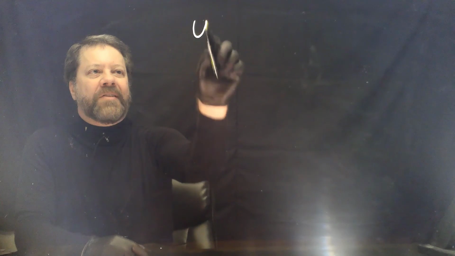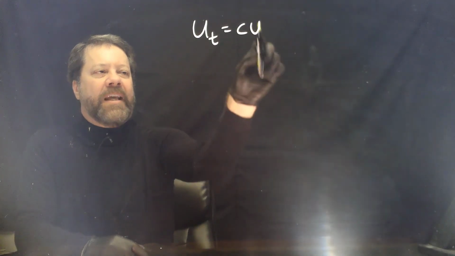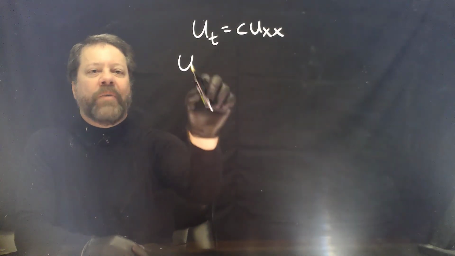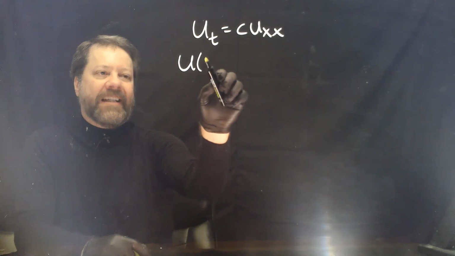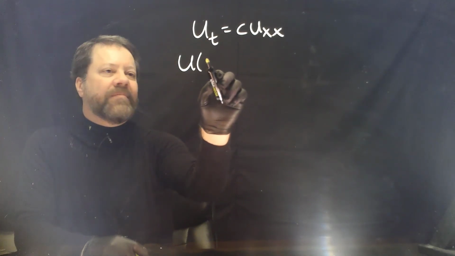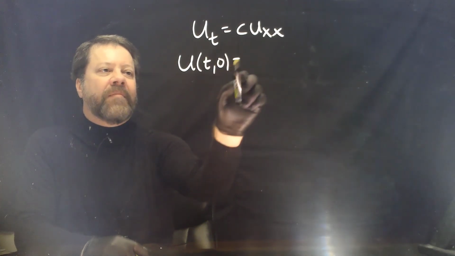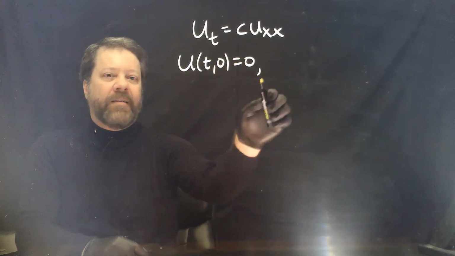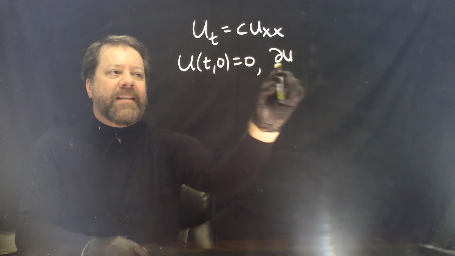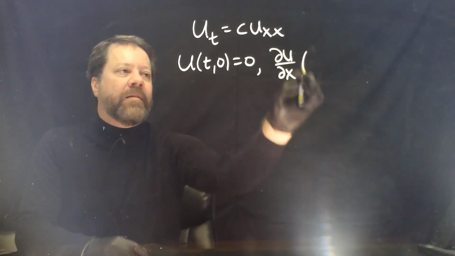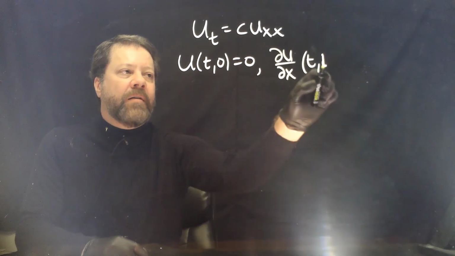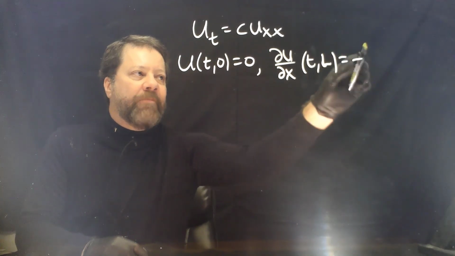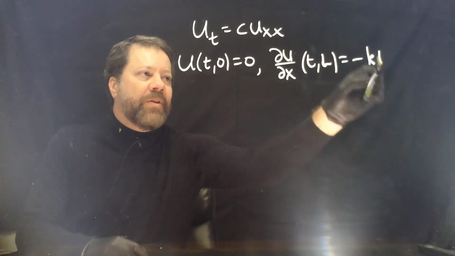We turn next to the heat equation applied to a bar with one radiating end. We'll assume the left boundary value is identically 0. But on the right-hand side, we'll have minus k times u.